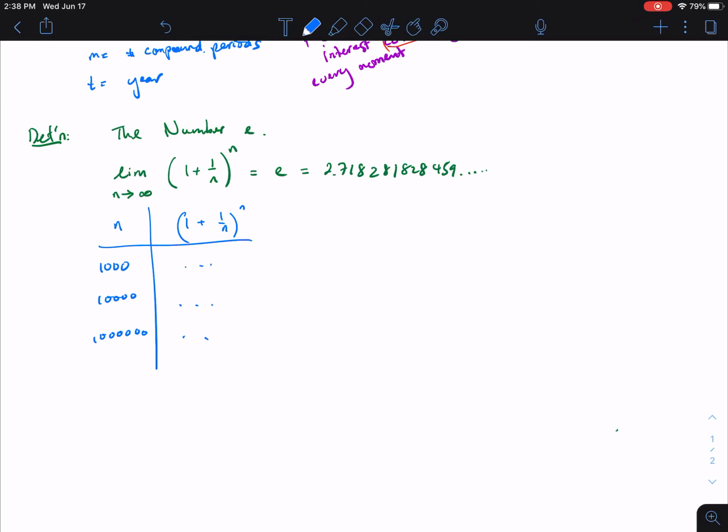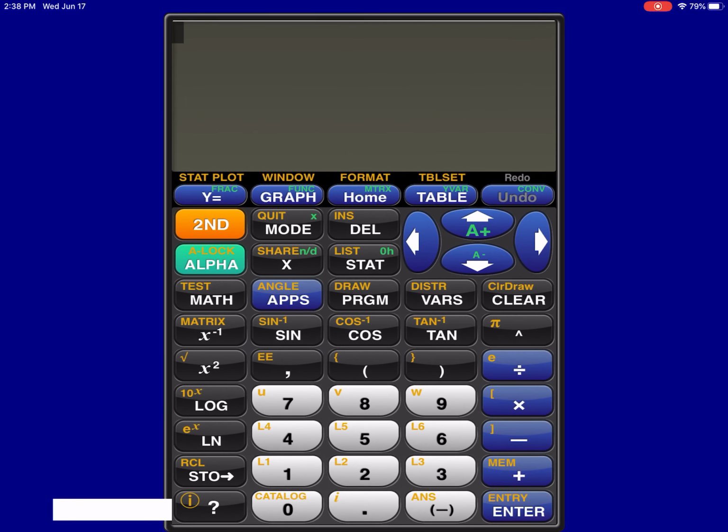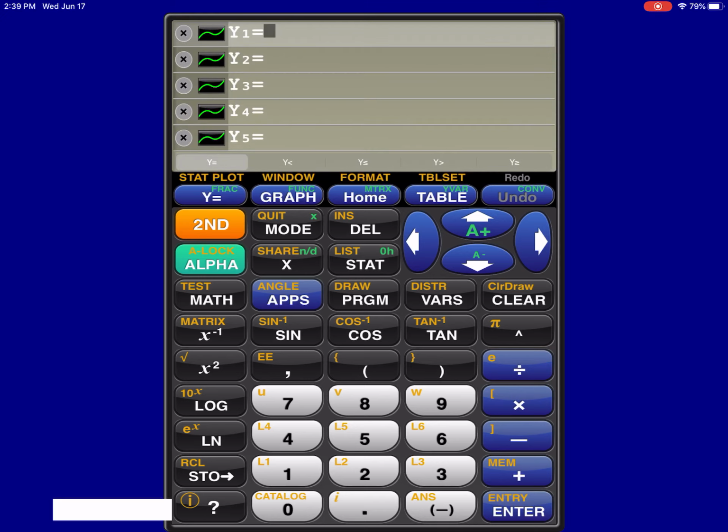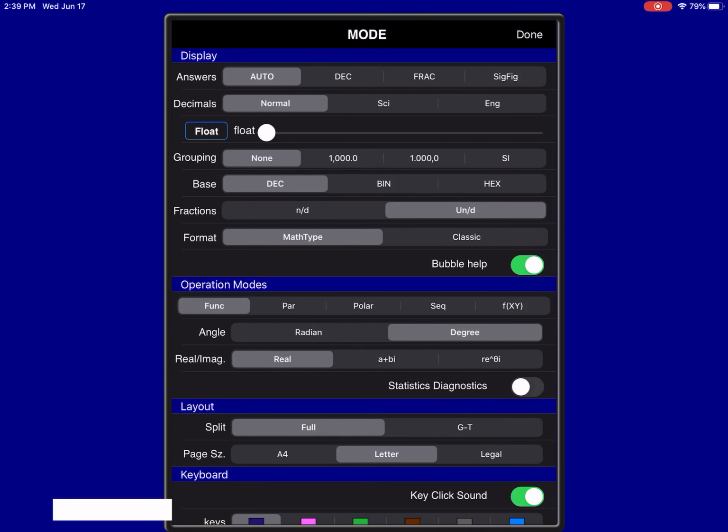Okay, let's go to the calculator. So we have 1 plus 1 over n. Let's use n to be 1,000, and then we'll raise this to the power n, in this case 1,000, right? So when n is 1,000, it is 2.7169233932. Let's try again. Okay, I don't know what happened there.